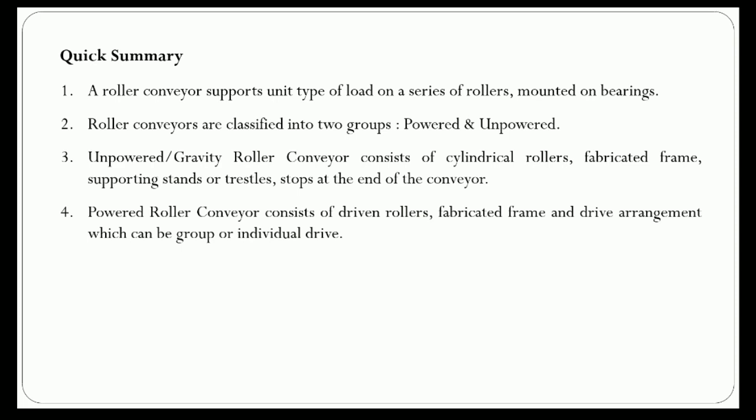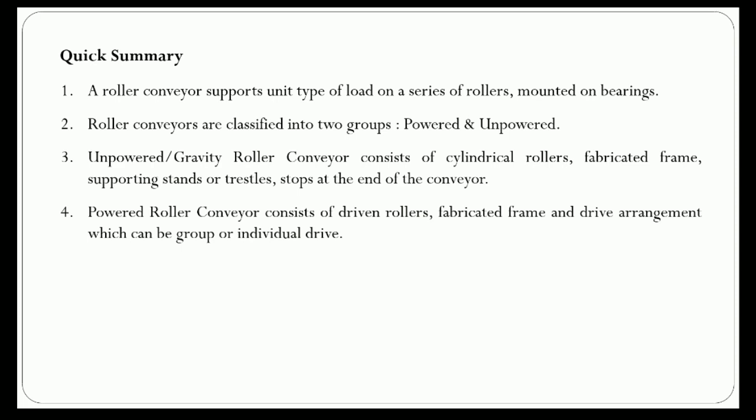Now the unpowered or gravity roller conveyor consists of cylindrical rollers, a fabricated frame, supporting stands or trestles, and stops at the end of the conveyor. These stops work in such a way that no material can fall from the end of the conveyor when the movement is stopped.